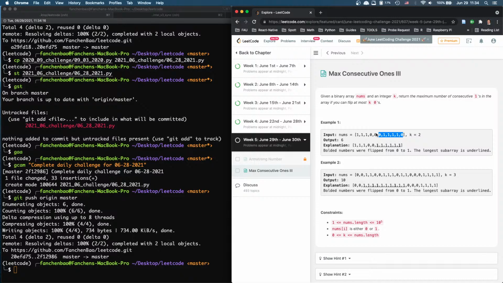So that's k equals 2. Now if k equals 1, oh no, it's not 1, because when I pass into it, this is 4. So if k equals 2, which means I don't flip, then I will return 4. That's when the maximum is 4.